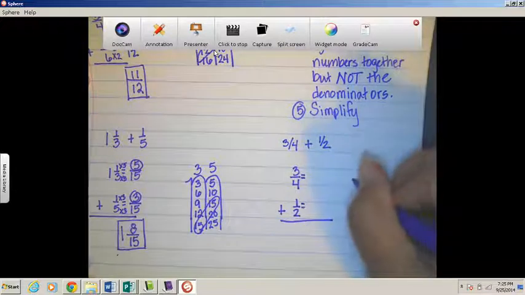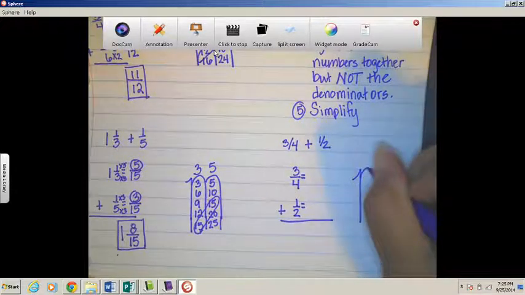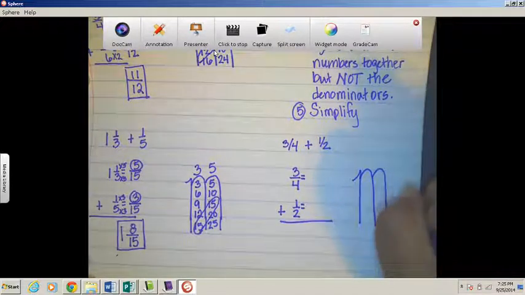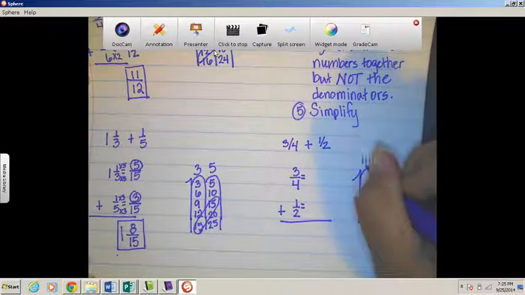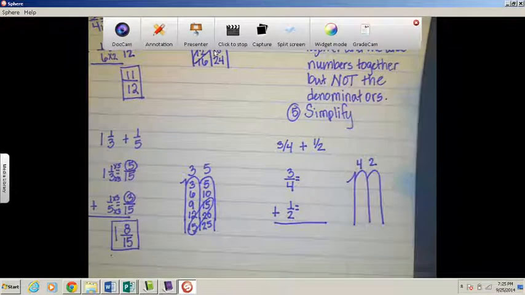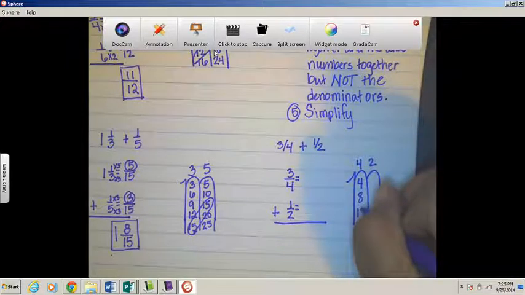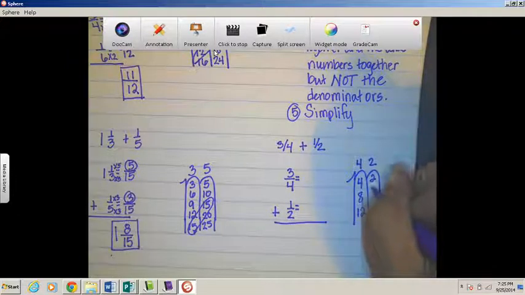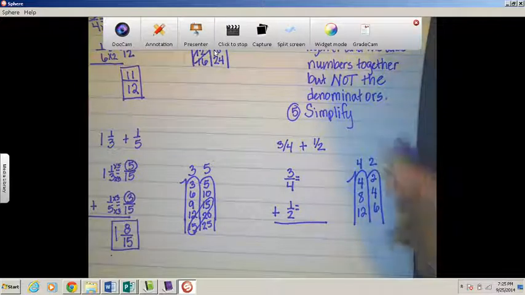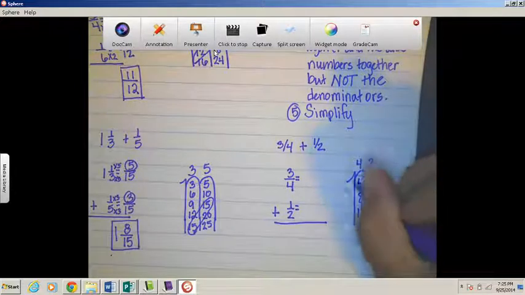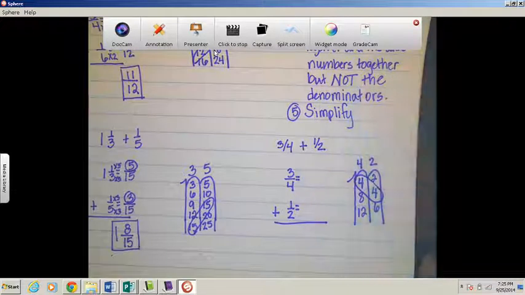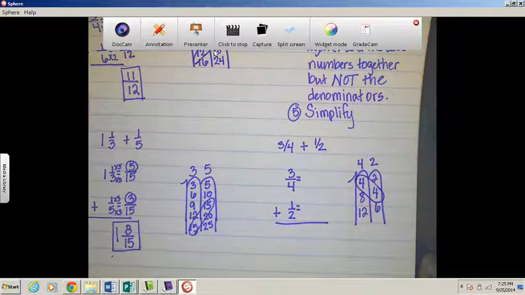I find my least common multiple. I put my denominators here and I find the multiples. 4, 8, 12. 2, 4, 6. 4 is my least common multiple.